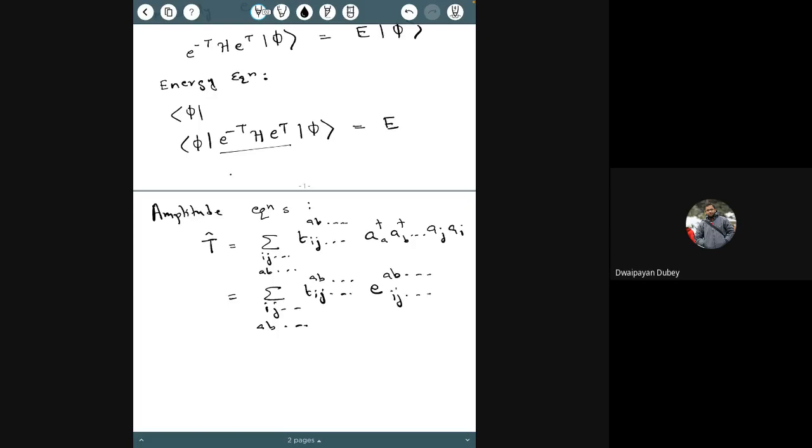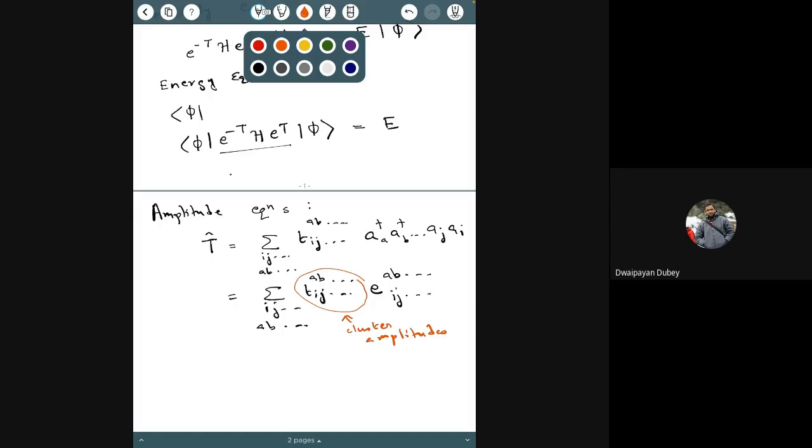The E operator tells me that I'm exciting, or replacing, ij spin orbitals in my Hartree-Fock determinant with virtual orbitals, which are obtained as byproducts from the Hartree-Fock calculation. And these are the coefficients of each excitation operator, and these are what are called the cluster amplitudes. These are analogous to the coefficients of the CI expansion of the wave function. So these are my variables now.